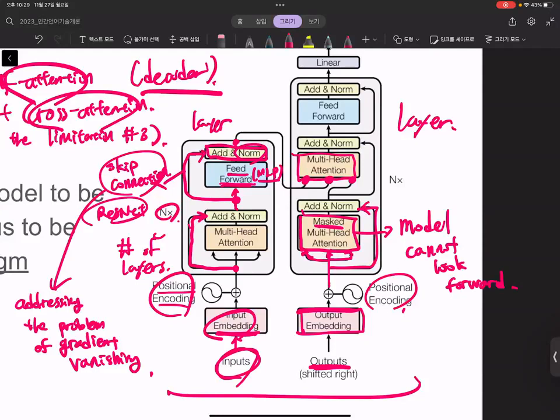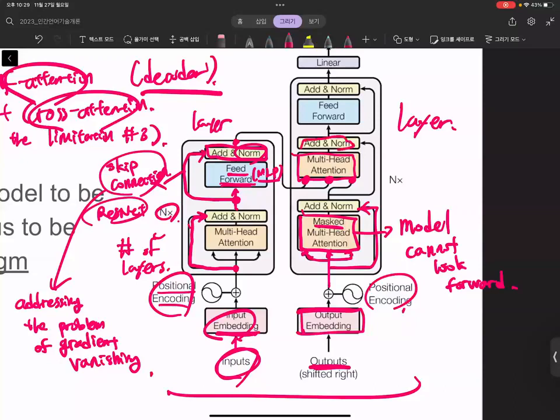This decoder predicts the next token, and if the model can see the next token, then the task is too easy. So we have to hide the future tokens. That is why we use the mask here.